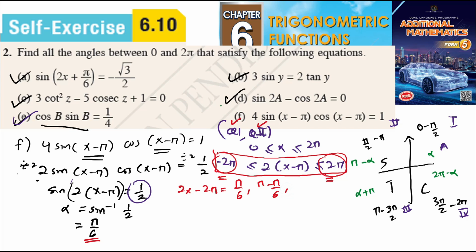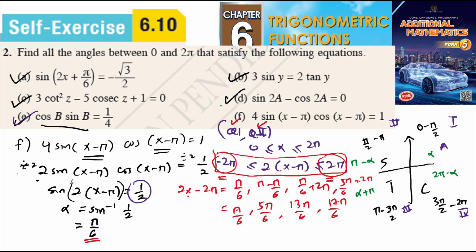Okay, and then the second rotation, first quadrant, it would be pi over 6 plus 2 pi. Pi minus pi over 6, we get 5 pi over 6. Pi over 6 plus 2 pi, 2 times 6 is 12 plus 1, 13 pi over 6. And 5 pi over 6 plus 2 pi, 2 times 6 is 12 plus 5, 17 pi over 6.